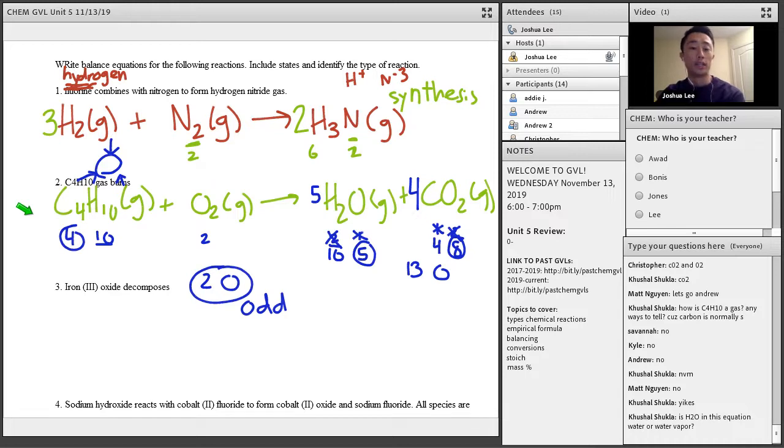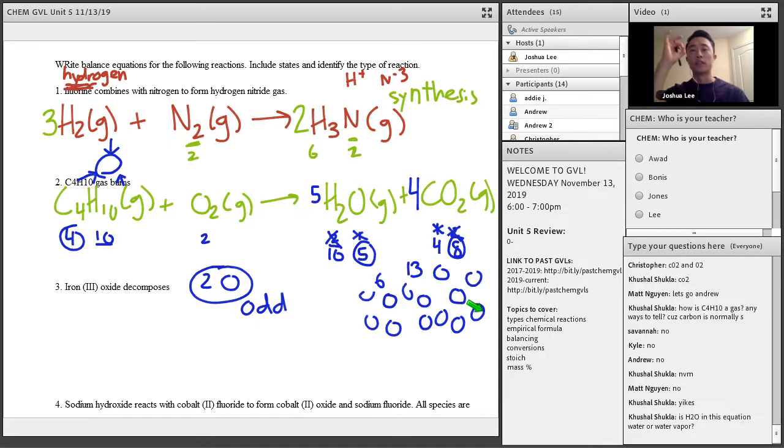So what I like to do is I realize technically I just need 13 oxygen atoms. So 1, 2, 3, 4, 5, 6, 7, 8, 9, 10, 11, 12, 13, like that. So there is a way for me to get 13 oxygen atoms from this, but it's by using a fraction.